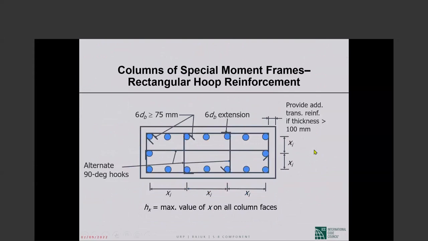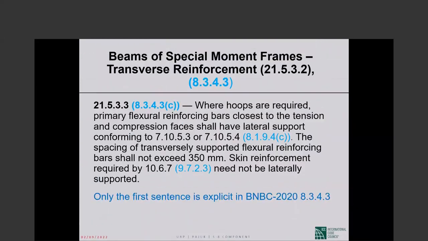When we talked about non-seismic detailing, I mentioned that in columns, every other bar has to be laterally supported by a corner of a tie or a cross tie, and the maximum clear spacing between a supported bar and an unsupported bar cannot exceed 6 inches. So that's what this is referring to.